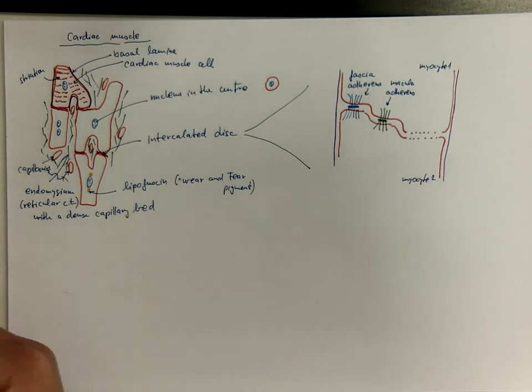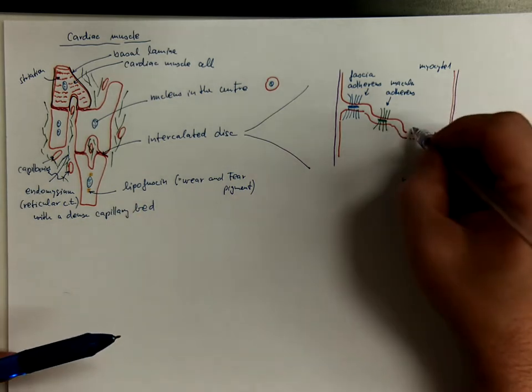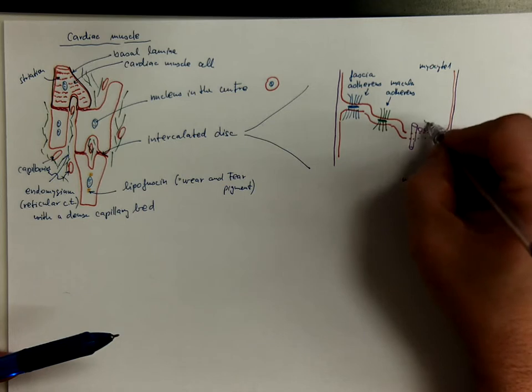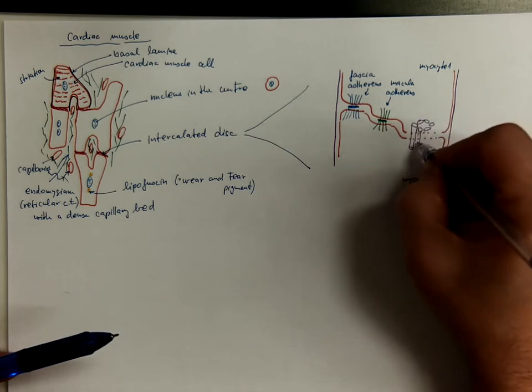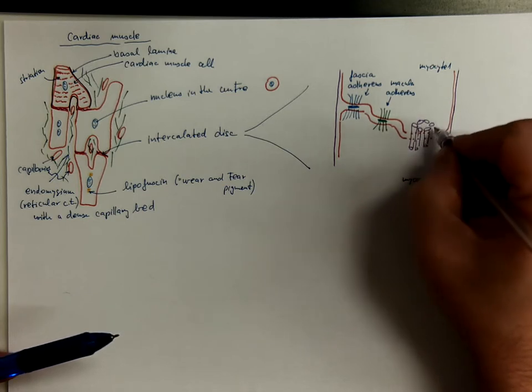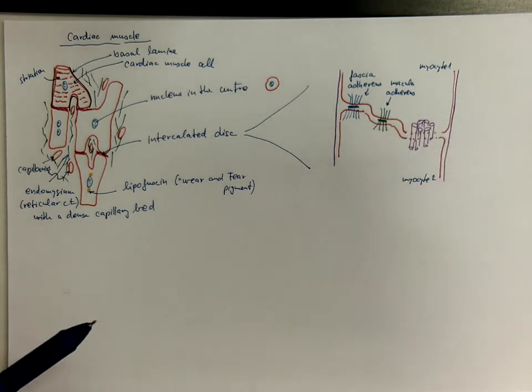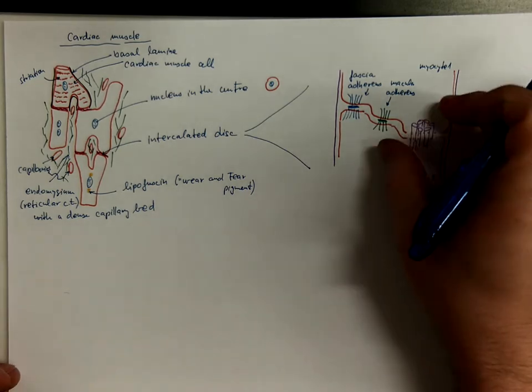And the third junction is the gap junction, which consists of subunits 1, 2, 3, 4, 5, 6. They are made of a protein called connexins, and they can close or open.